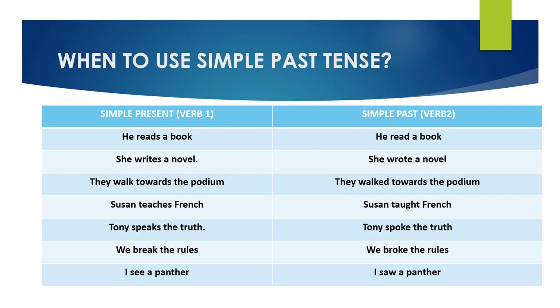Hope this was useful. So remember this point in mind. A singular subject takes a singular verb where s or es is added to the verb in order to show that the verb is in simple present tense.